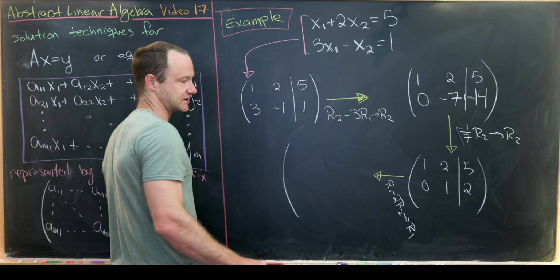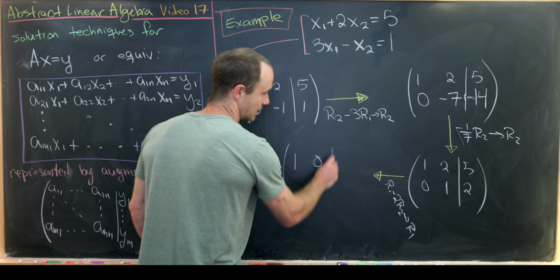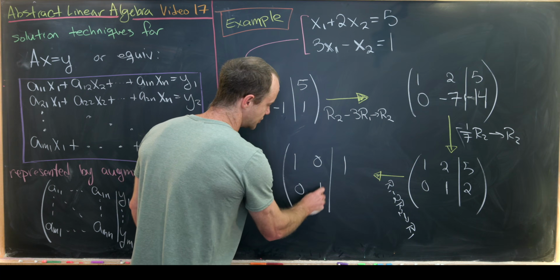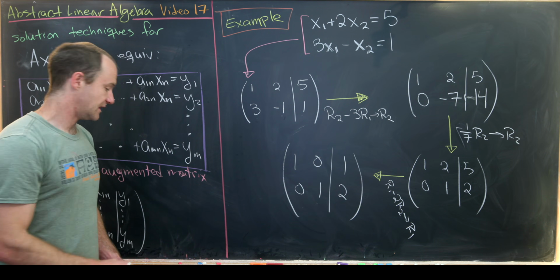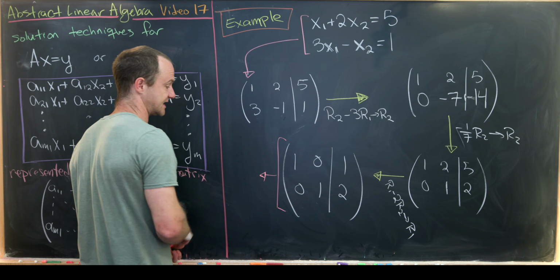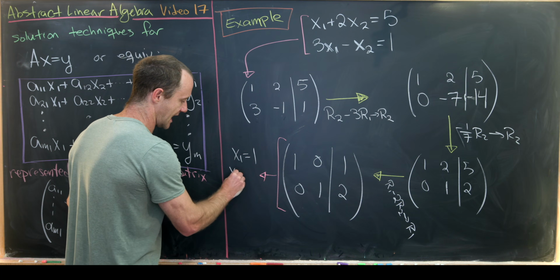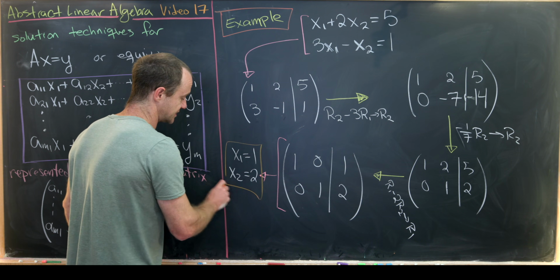So let's see what that leaves us with. We'll have 1, and then 2 minus 2 is 0. We have 5 minus 4 is 1, and then row 2 didn't change, so we have 0, 1, 2. And then from here, we rewrite this augmented matrix as a simple system of equations. We have x1 is equal to 1 and x2 is equal to 2. And that would be the solution to this system.